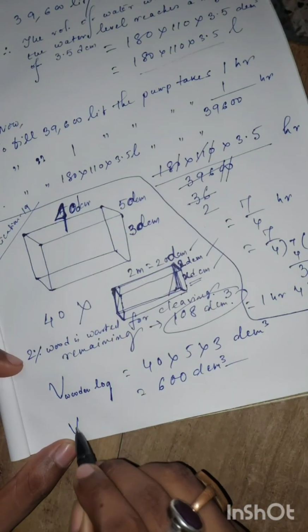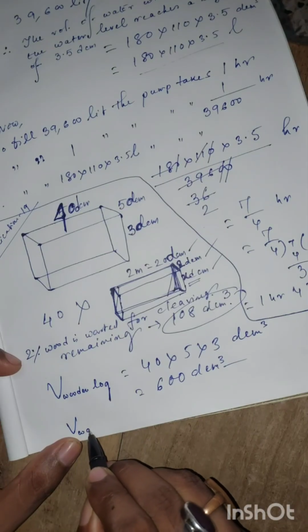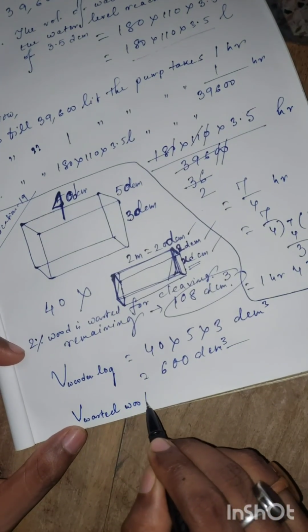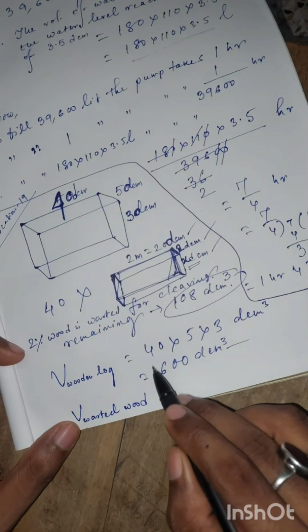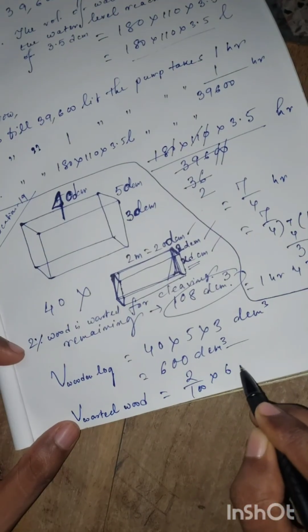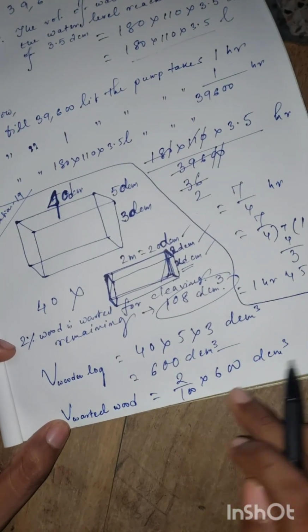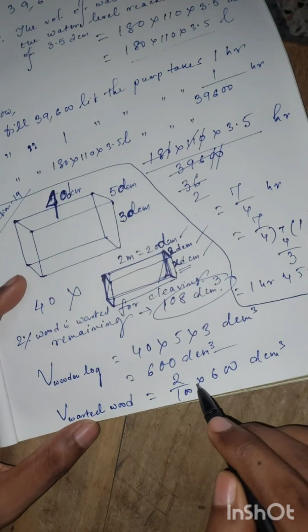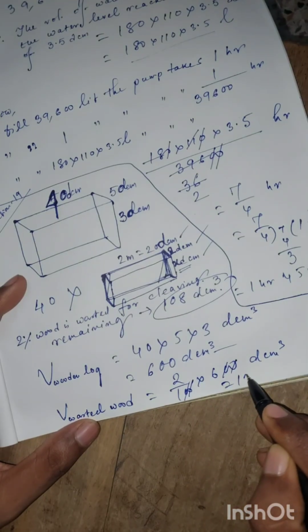The volume of wasted wood, that is 2% of the total volume, that means 2 by 100 into 600 dcm cube. So this much wood has been wasted (12 dcm cube).